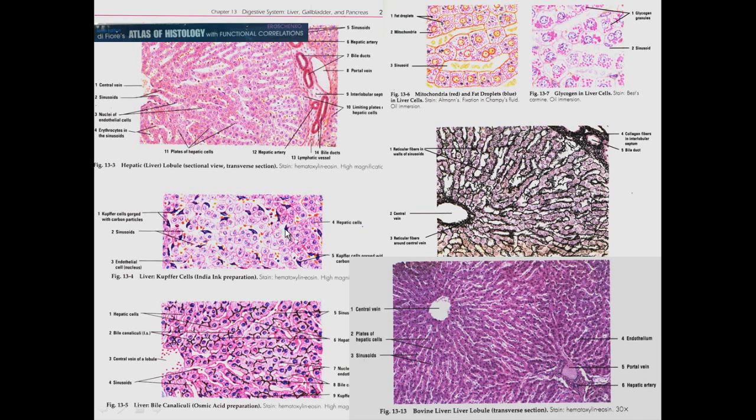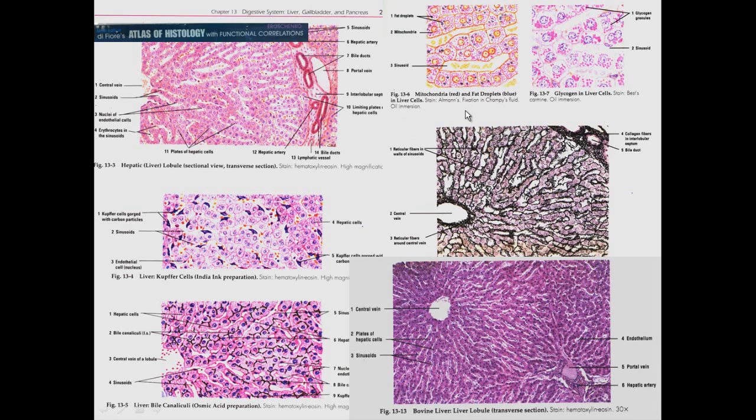Those are located at the same places you have endothelial cells, but they're phagocytic cells from the macrophage-monocyte lineage. And then here we can see another piece. This shows you the bile canaliculus. So you can see the little black line in through there. So it shows you where the bile is running. Actually, the bile runs opposite of the blood and goes here to the bile duct that would be there.